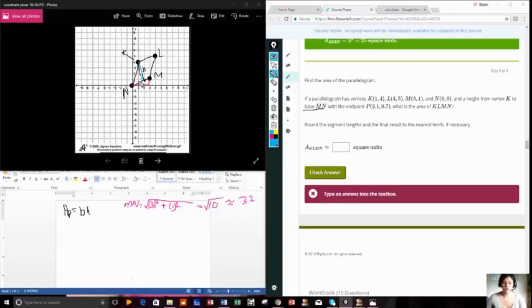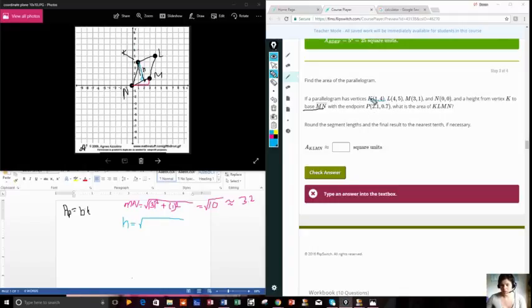So I'm going to use the algebra, using the coordinates, to find our distance.